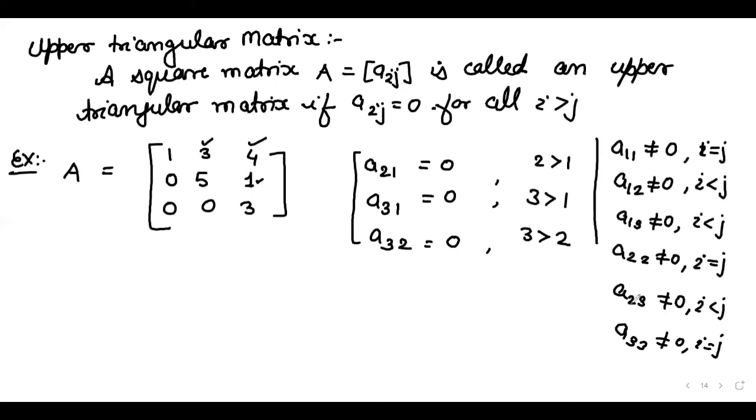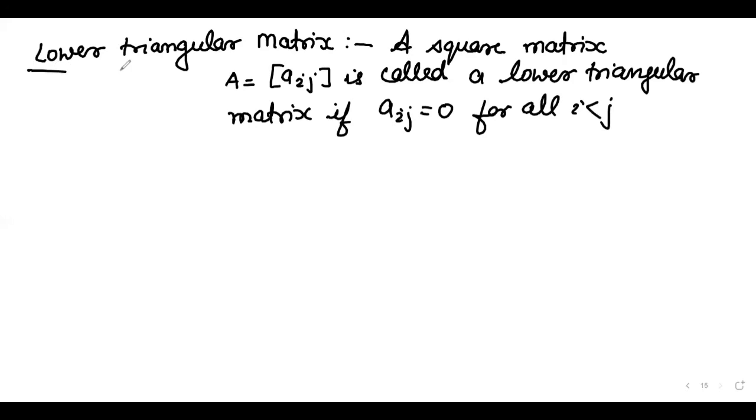Now next, that is the lower triangular matrix. A lower triangular matrix is the opposite of an upper triangular matrix. A square matrix aij is called a lower triangular matrix if aij is equal to 0 for all i less than j.